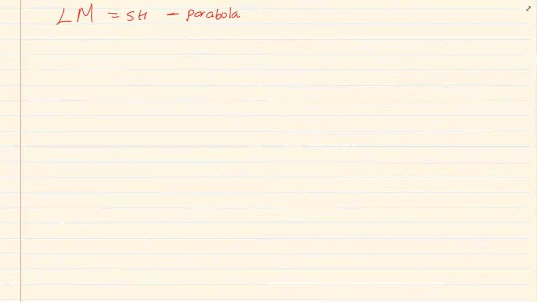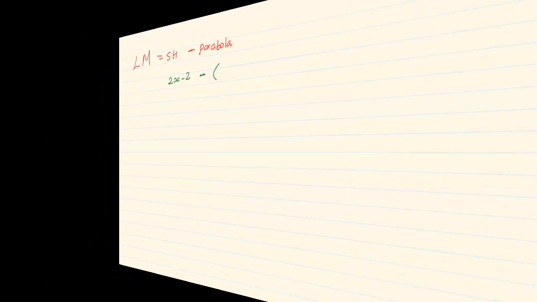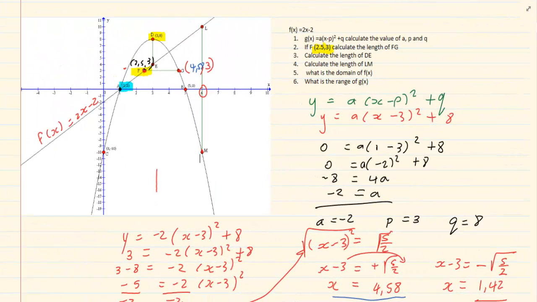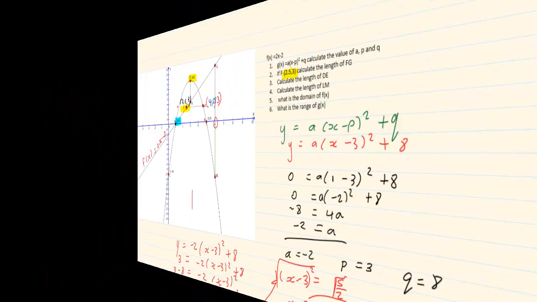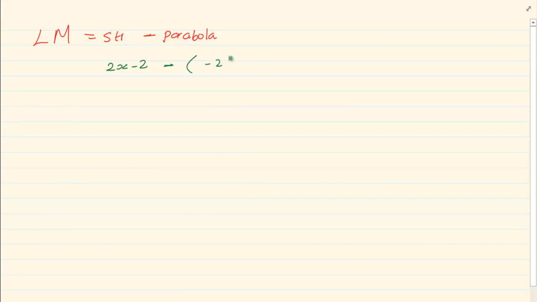So in this place I'm going to put 2x minus 2 minus, what is the parabola? The parabola's equation, we had calculated it as minus 2 open brackets x minus 3 all squared plus 8. So it's top minus bottom. Can you see? Would equal to LM.